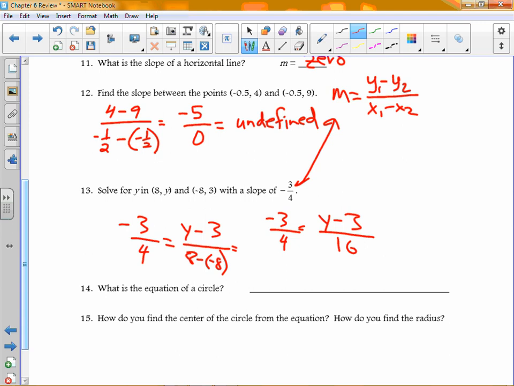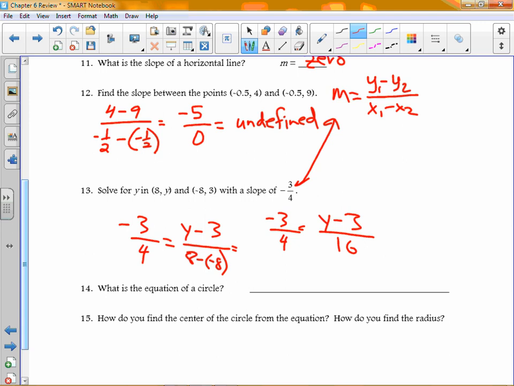Because that's different. What you started out with was the slope, so what you're trying to find is where that y value is. And it's going to be really different when it's a distance formula problem because of the square.